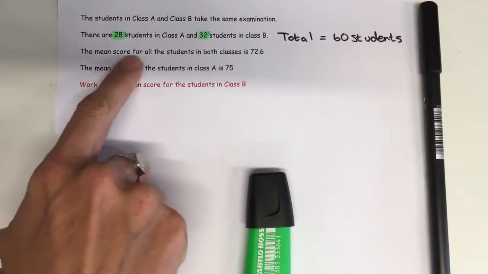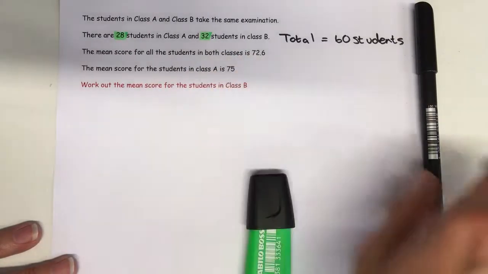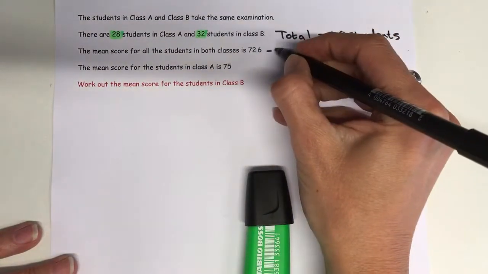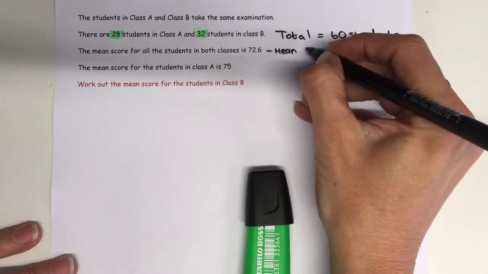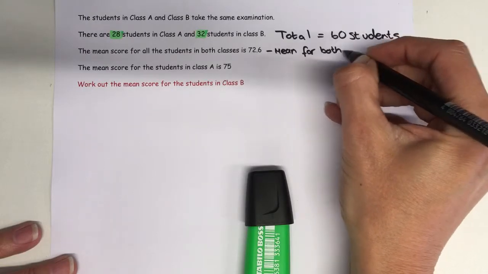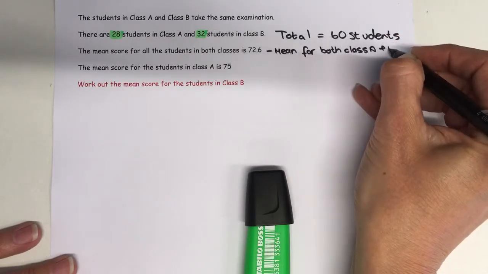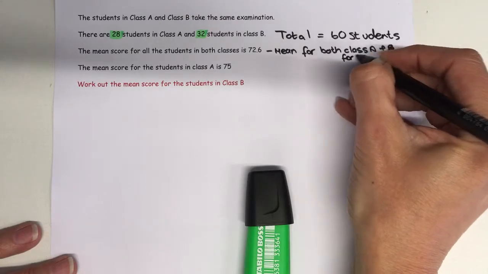And it says the mean score for all the students in both classes is 72.6. So this is the mean for both class A and class B, so for the 60 students.